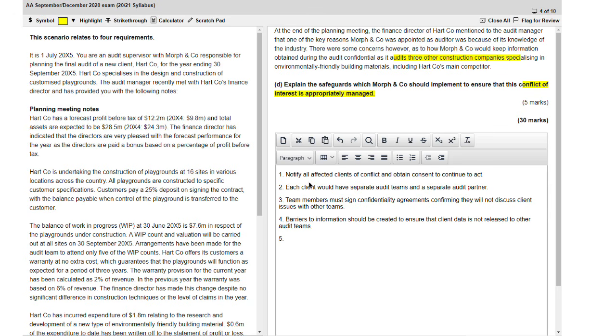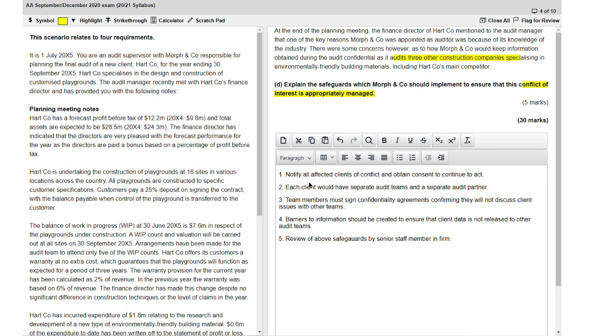A very good one, a very classy point that I always put in is that we need to make sure, again, not because I've made it up, because it's a requirement in ethics, is that a senior person within the firm, again, has to conduct a review of the safeguards. So there will be a review of the above safeguards by a senior staff member in the firm.